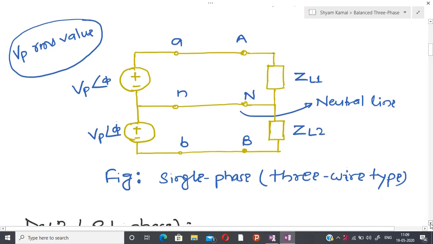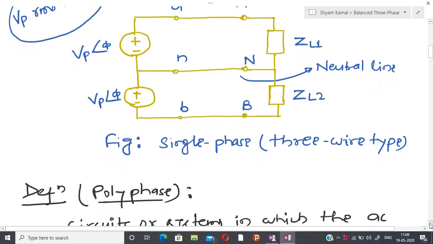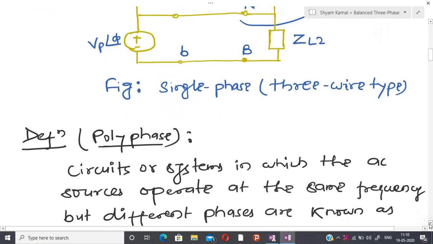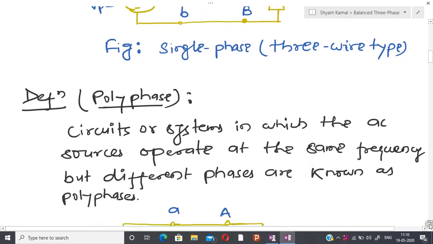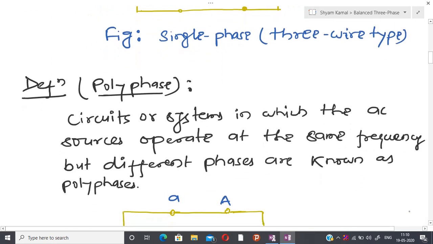Now it might be possible that I have more than one source, and in all sources I am going to maintain the same amplitude and the same frequency.